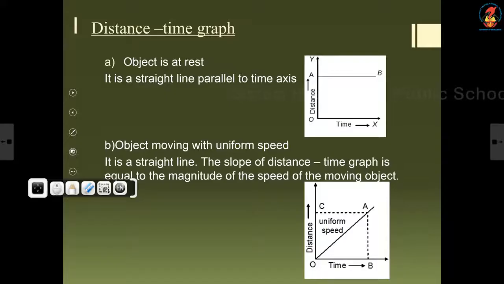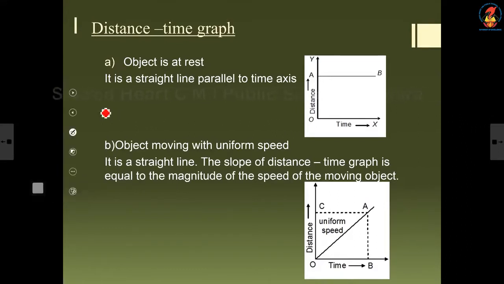So the first one is the distance time graph when the object is at rest. We need to draw the distance time graph when the object is at rest. This is the shape of the graph that I will draw for you.